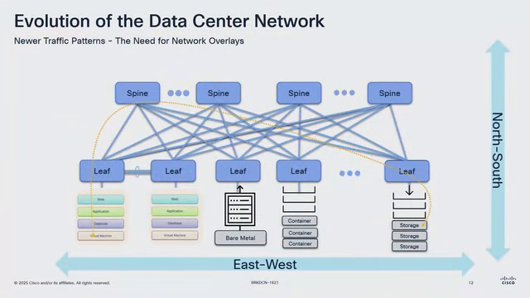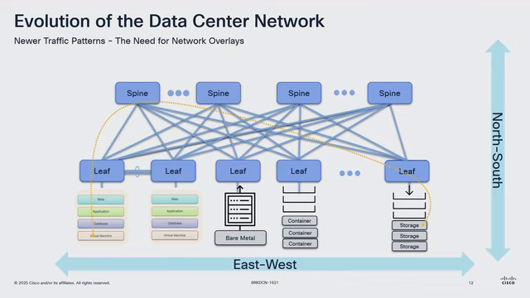Now, as I mentioned before, imagine that we created this network of east-west traffic, and we introduced something called leaf-spine, a two-tier architecture. So we're no longer going to that three-tier architecture of access, aggregation, and core.